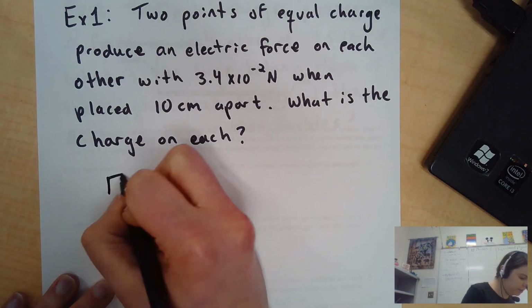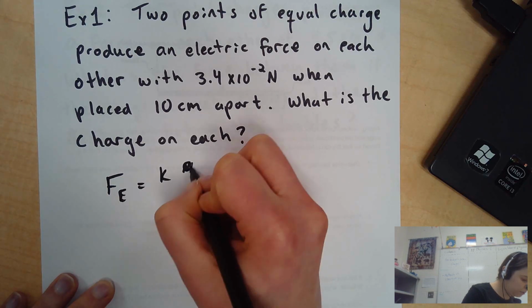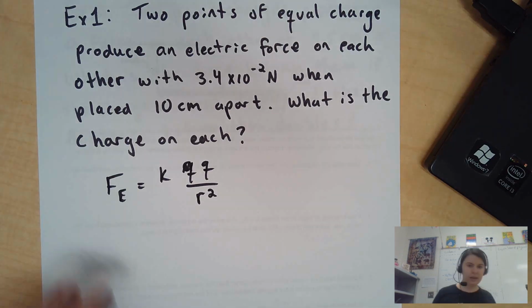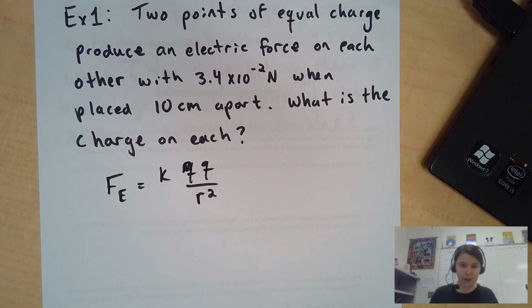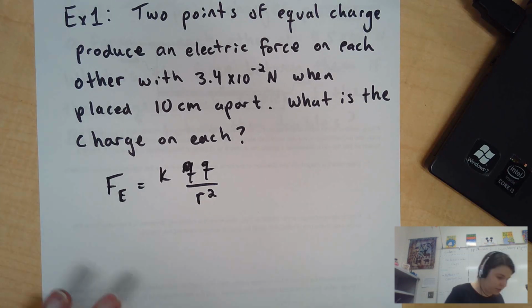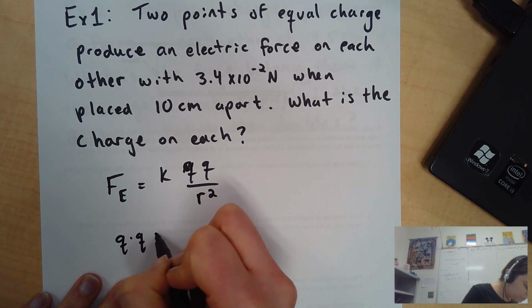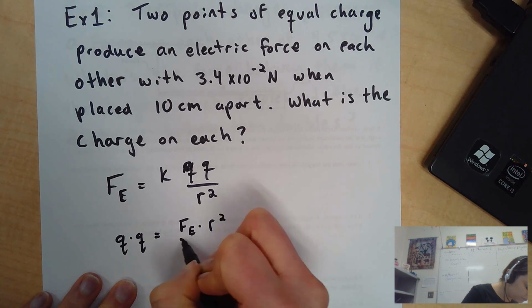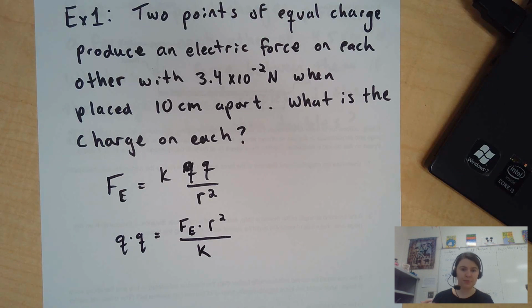Our formula, Q's. I got myself mixed up with gravity. Okay, so since we're looking for the charge on each, we're solving for Q. So I'm going to rearrange this. And so I should get the electric force times the radius squared over K. That K is that Coulomb's constant.